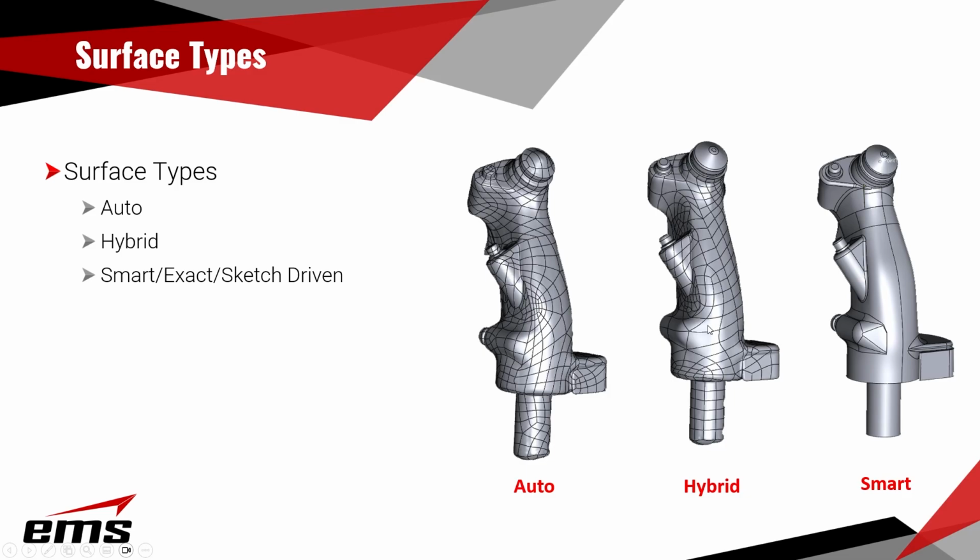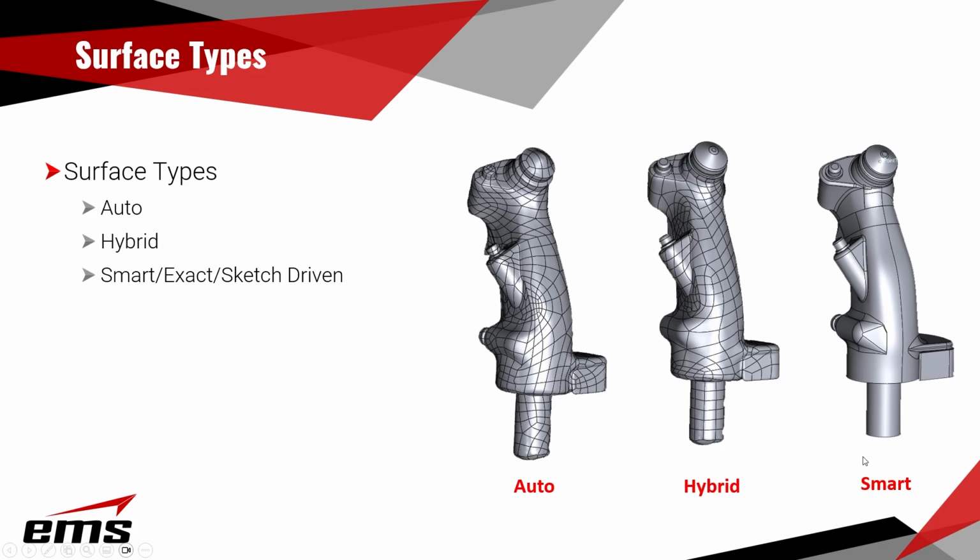And then we have a hybrid, which is a mix of surface modeling and sketch-driven solid modeling. So you can see here some of the buttons look different. Again, it's all just patches, quad style surfaces. But you can see there are some differences. These are different surface types. I'll talk about that in a minute.